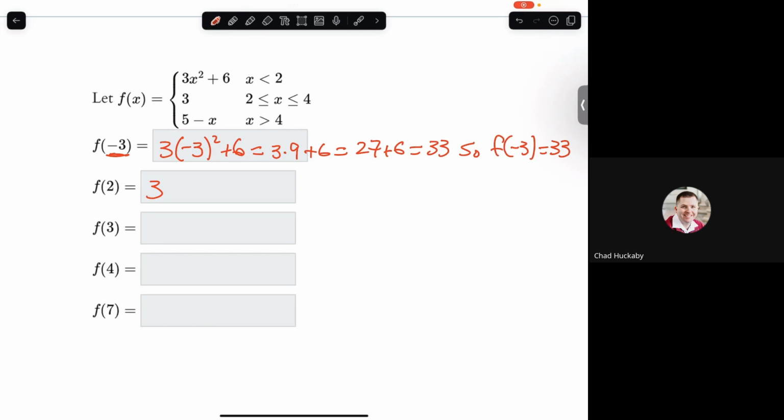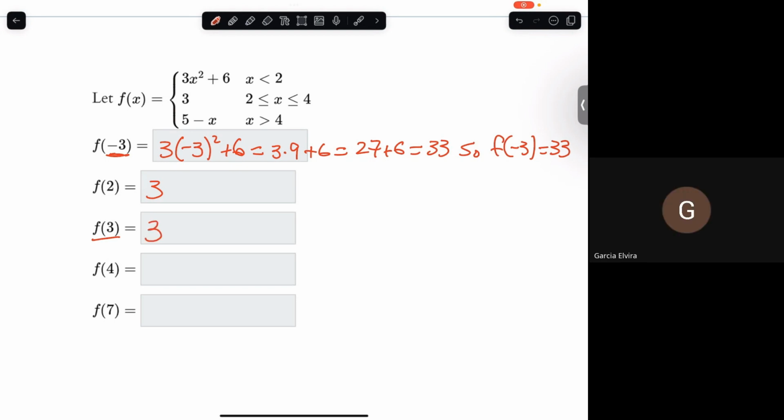What about 3? What's f of 3? Is 3 between 2 and 4? Yes. So our answer is 3.